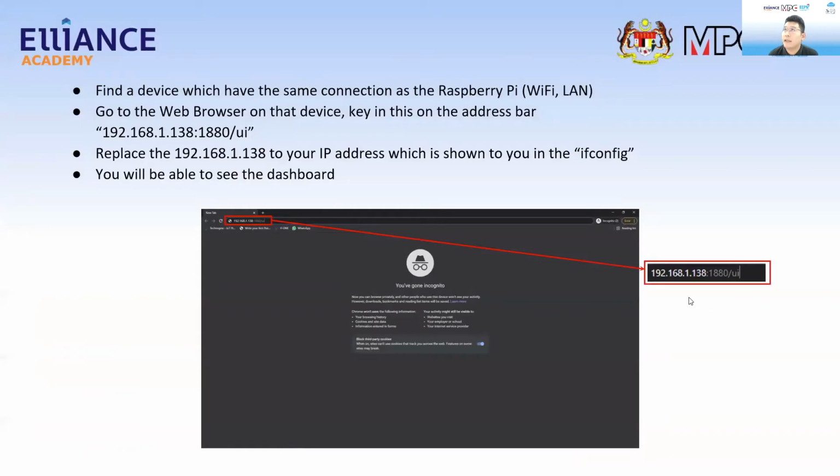Okay, then you go to any device, you can go to your PC or your phone, but that device needs to share the same network. Okay, so after you get the IP address, you can type in this symbol and then 1880/UI.